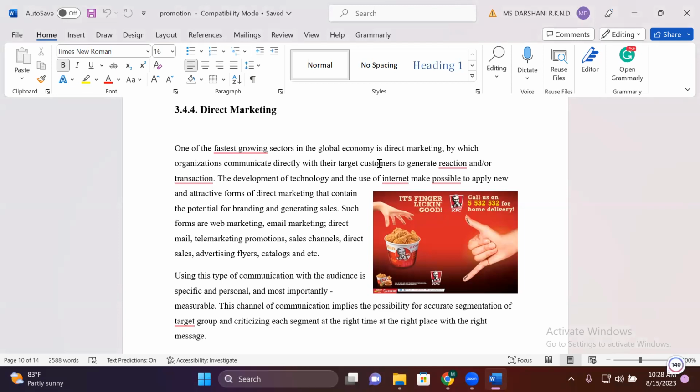The development of technology and the use of the internet make it possible to apply new attractive forms of direct marketing that contain the potential for branding and generating sales. Now, this social media, you can see they've been using to promote a lot of brands.